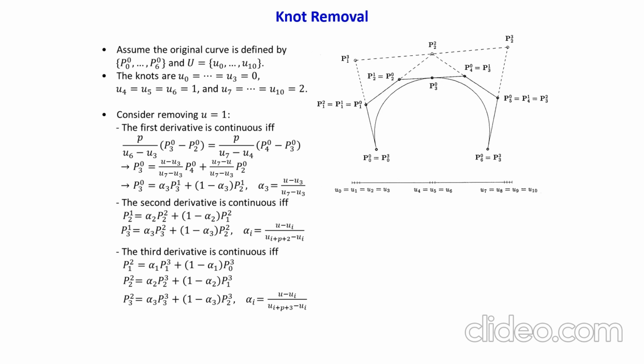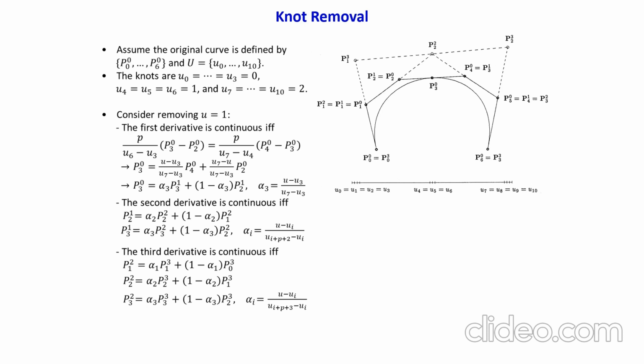By setting U sub 4 and U sub 6 equal to U, since they're what we're removing, and rearranging the terms, we get point 3 at step 0 equals the distance between U and knot U sub 3 over the distance between knots U sub 7 and U sub 3 times point 4 at step 0 plus the distance between knot U sub 7 and U over the distance between knot U sub 7 and U sub 3 times point 2 at step 0.